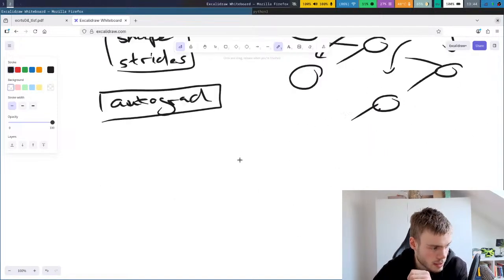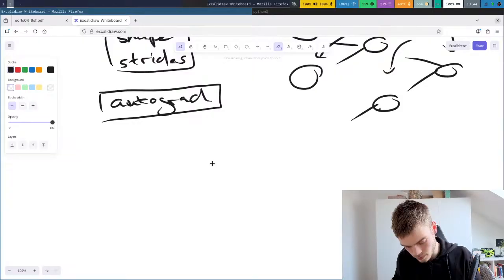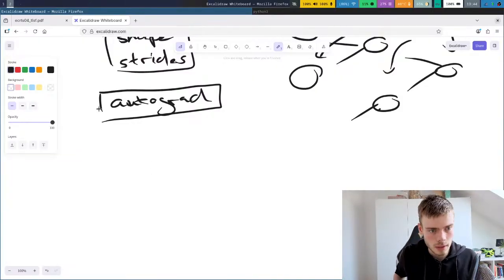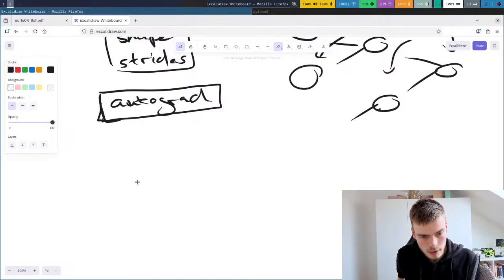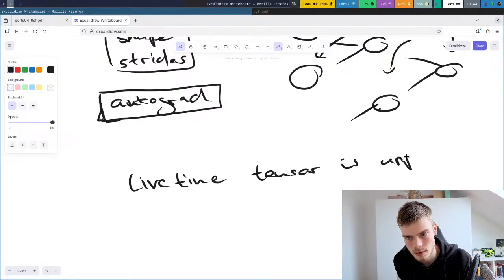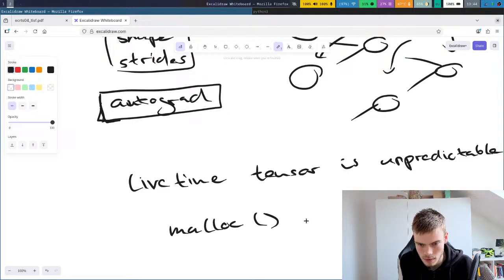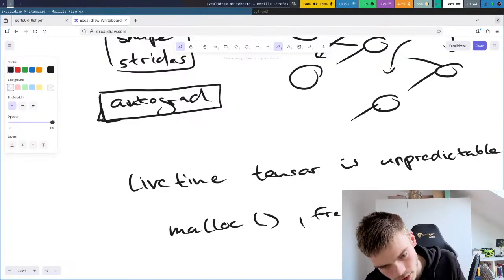And the basic fundamental thing we need is some way to allocate tensors. The problem is that the lifetime of a tensor is pretty unpredictable. Now we could just use malloc and free. And that's okay, could do that.